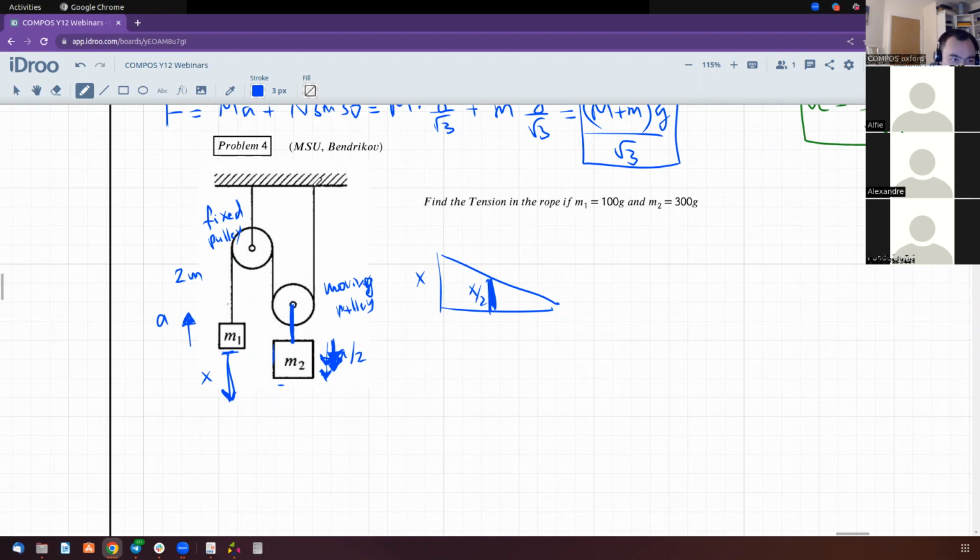Because this rope is fixed to the ceiling. So this point is fixed, that means this is also fixed. So this is the part of the pulley that is stationary, and the pulley rotates around this point.